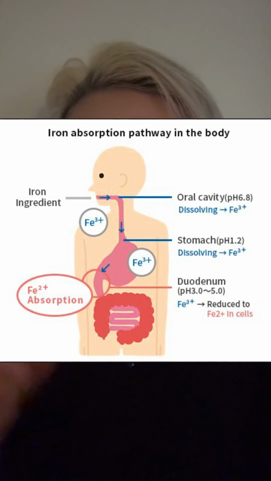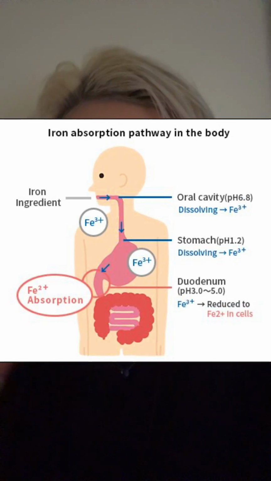Once it gets to the ferrous form, it goes into the enterocytes, which are the intestinal cells. And once it enters the enterocyte, it can be stored short term as ferritin. Ferritin is also something that I highly recommend getting in your blood work. It's not a routine lab, but it is very beneficial to see what your iron stores are.